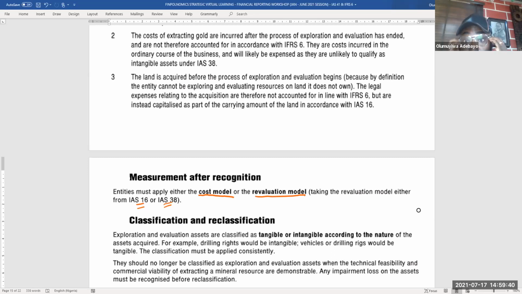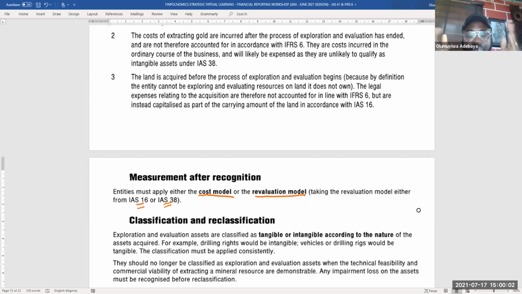Now take note. Once you have reached developmental phase, which is a phase where there's a high demonstration of technical feasibility and commercial viability, you must reclassify every one of your E&E assets to the appropriate leg.